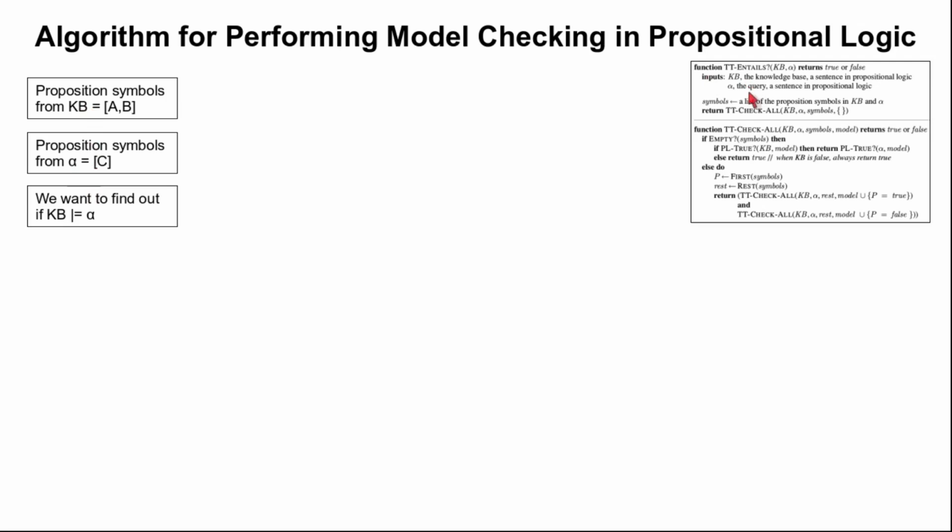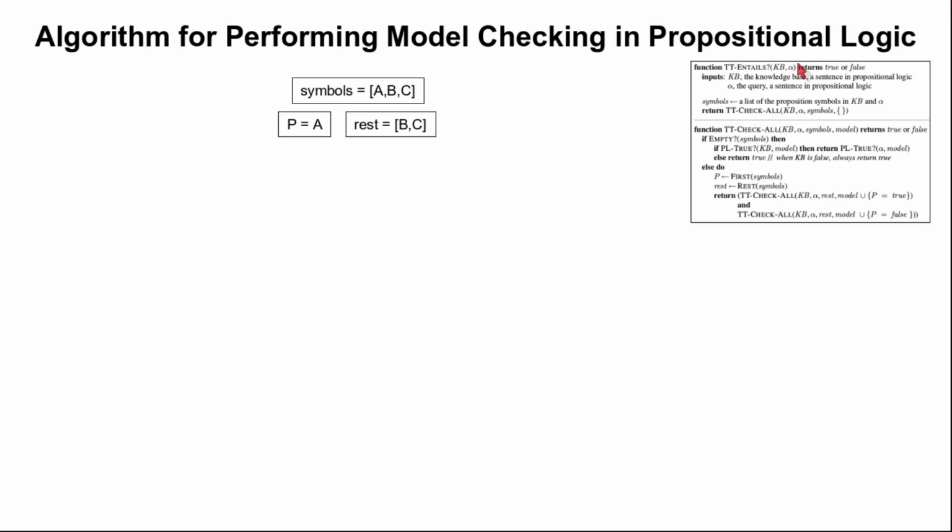So in this algorithm, if you see, we first create a list of proposition symbols from KB and alpha. So the list of symbols will be A, B and C. So we have 3 symbols. The first 2 come from the knowledge base, the last comes from the sentence alpha.